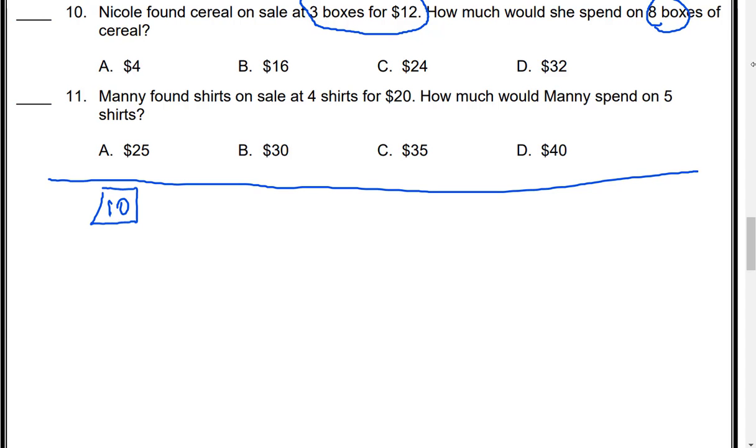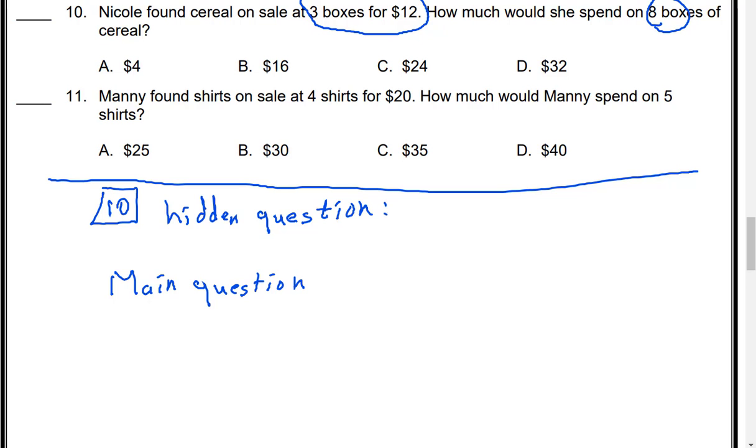So, what is the heading question? And what is the main question? The main question is three boxes for $12. Excellent. So we need to find what? The price of one box. Great.